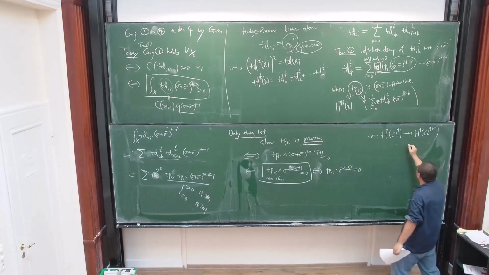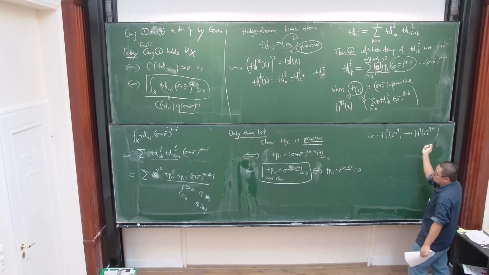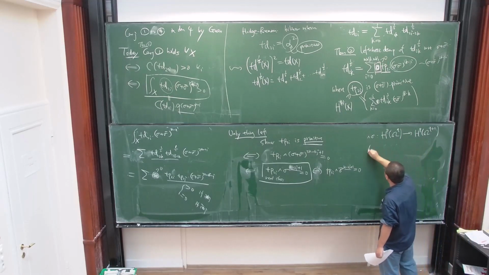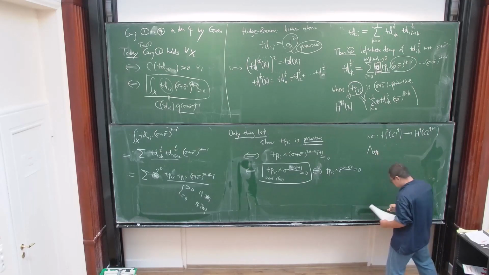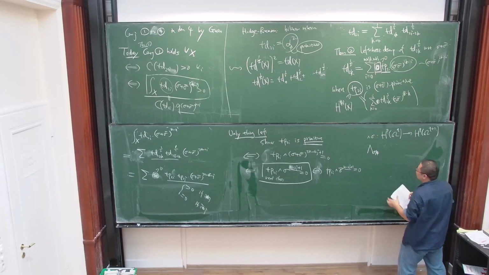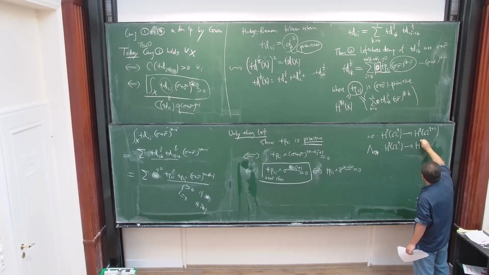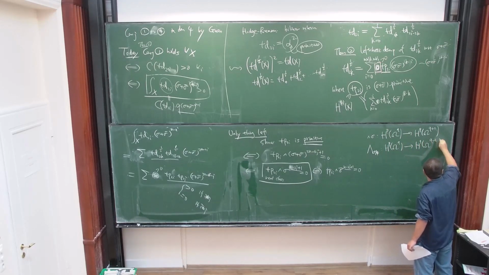Actually, we have a reversed operation. Here I denote this, it's not my notation, actually it's Hitchin's notation, from H^p of omega^q to H^p of omega^(q minus 2).